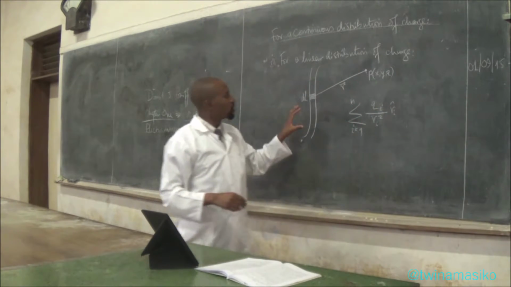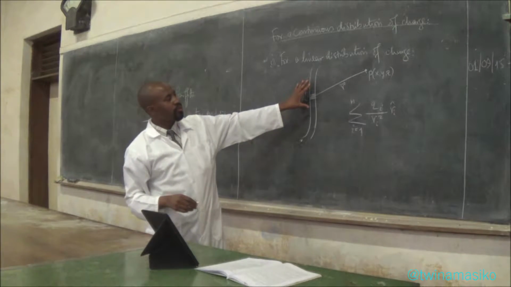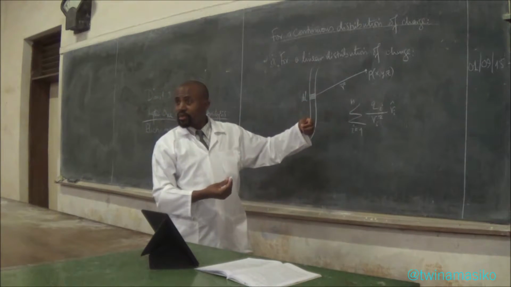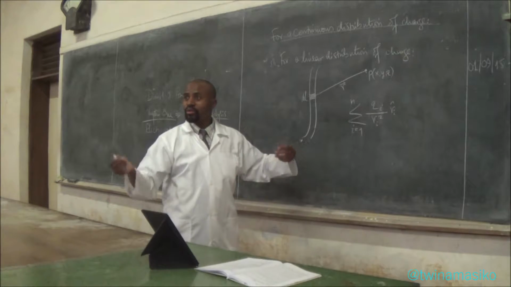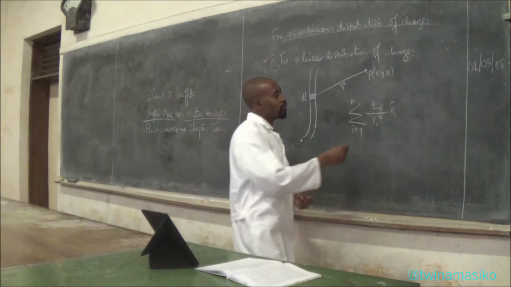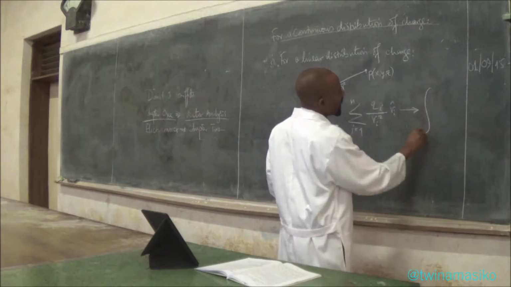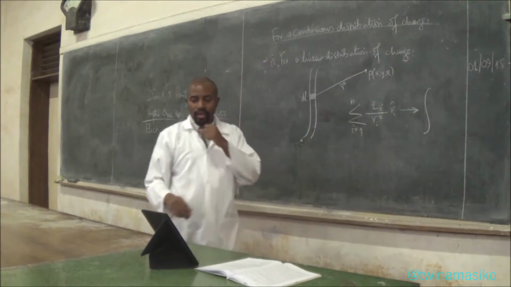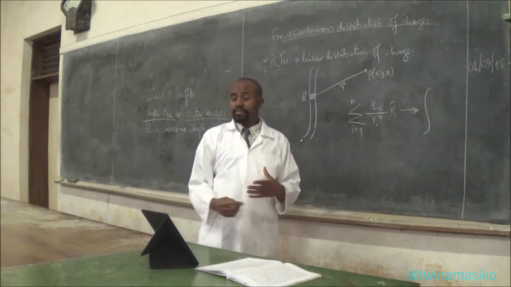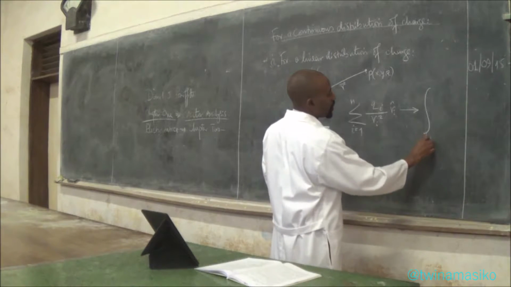When it now comes to a continuous distribution of charge, I already said we stretch our summation to an integral. So this will now transit to an integral over the line of the charge.